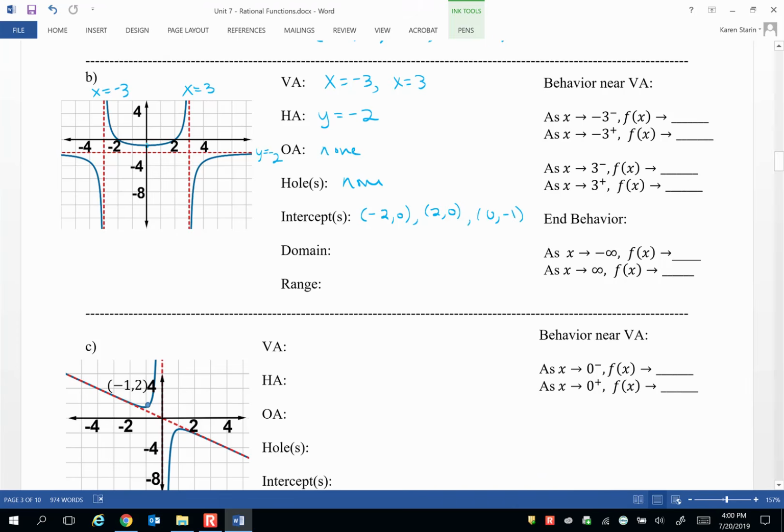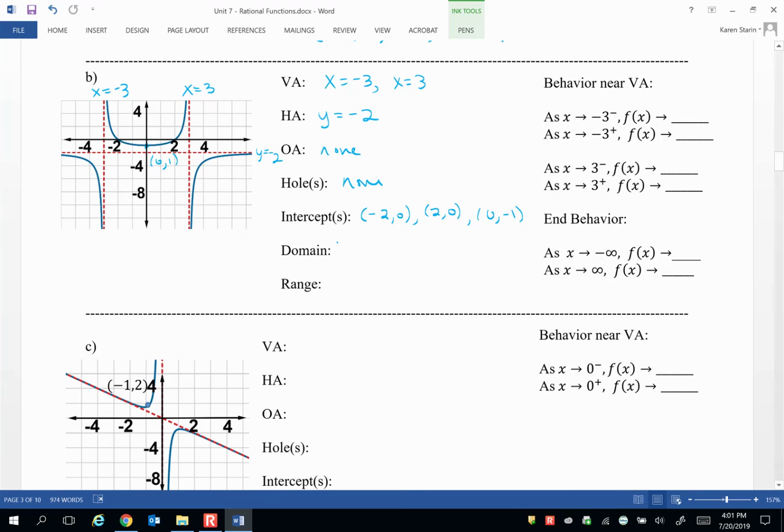Now that's on the curve in that middle section, and that's also going to be a value of interest to us when we read the range. But let's read the domain first. So the domain, as I read from left to right, I have two excluded values, both of those vertical asymptotes.